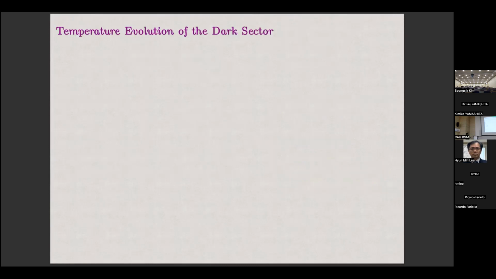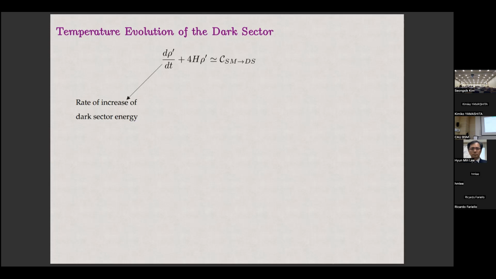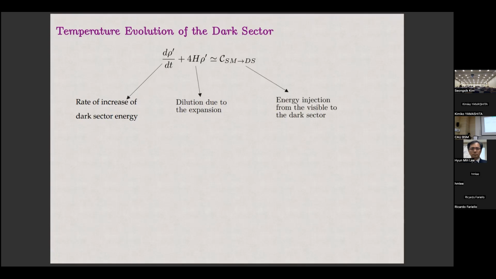Since we want to study the thermally decoupled dark sector, we need to solve the Boltzmann equation for the temperature evolution of the dark sector. Basically, we have to solve this Boltzmann equation, where this is the rate of change of dark sector energy, this is the expansion due to the Hubble parameter, and this is the energy injection from the visible sector to the dark sector.